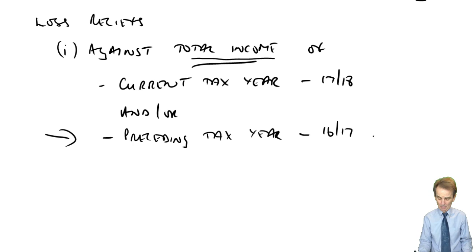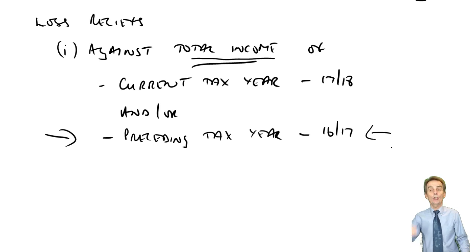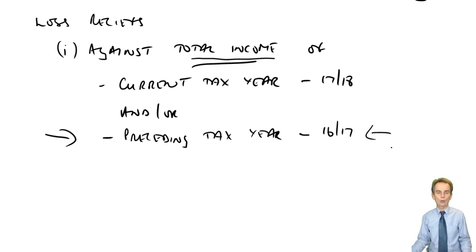So in cash flow terms, you reduce or indeed eliminate entirely the tax payable figure of the preceding year, and as it is a figure you have already paid, you get a repayment back from HMRC. That's a lot better than, as we saw in example 1, carrying forward to reduce a future trading profit, where you would be paying tax at a later point in time. So in cash flow terms, this is a lot better.